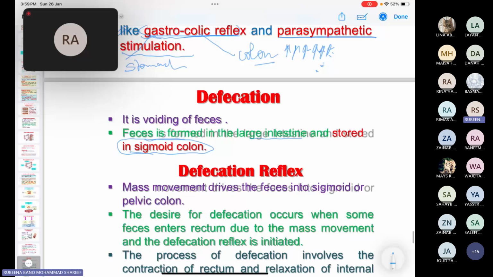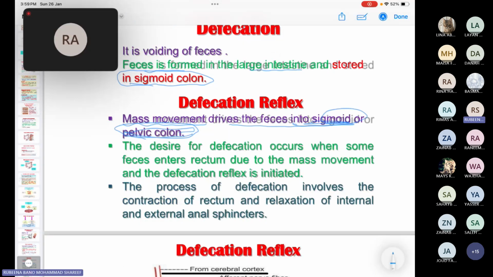So because of mass movement, as I told you, it drives the feces into the sigmoid or pelvic colon. And the desire for defecation occurs when some feces enters the rectum, as I said. Normally, the rectum is empty, right? And the feces is stored where? In the sigmoid colon, right?